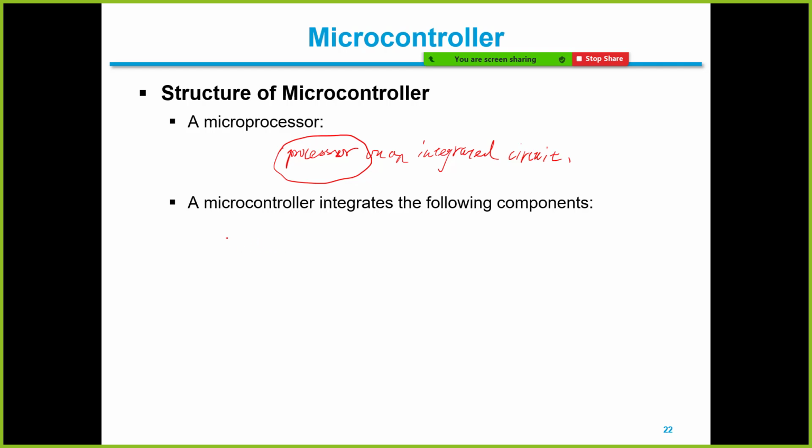It's still an integrated circuit. Besides the processor, it has fixed memory and fixed I/O peripherals.